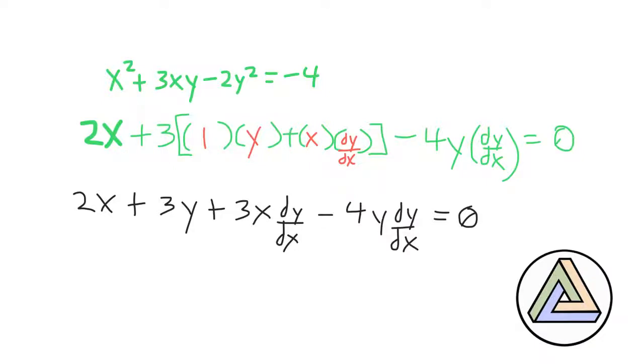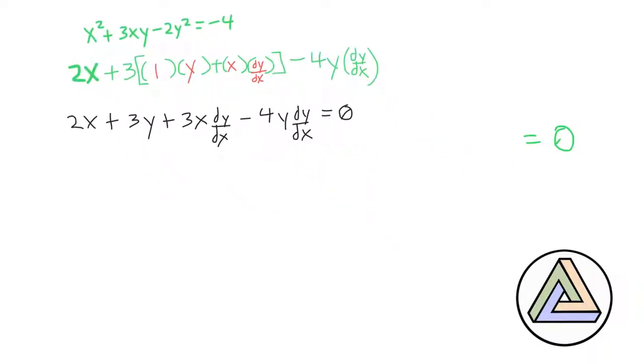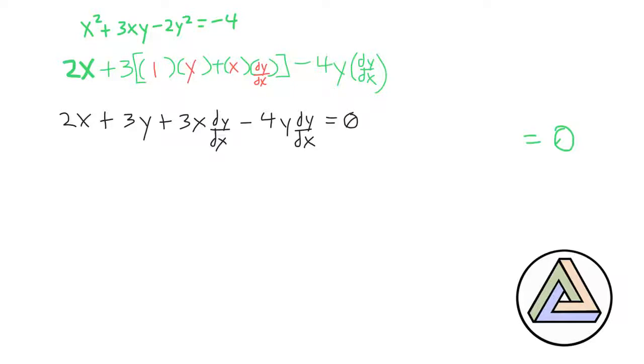All right, so hopefully that is clear so far. Now what you want to do here, this is always the case with implicit differentiation, is you take note of the terms that have the dy over dx in it. Dy over dx, that's right here, and that's right here, and you're going to want to isolate those first.